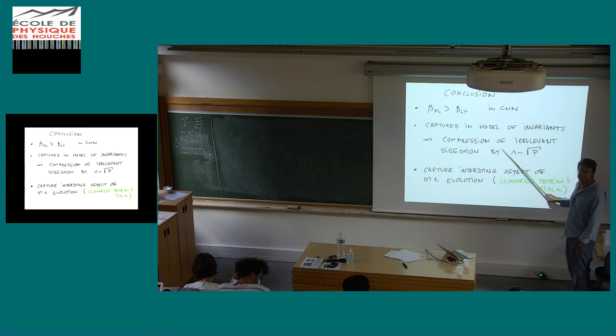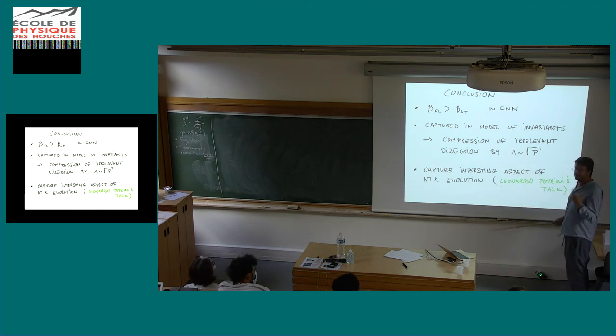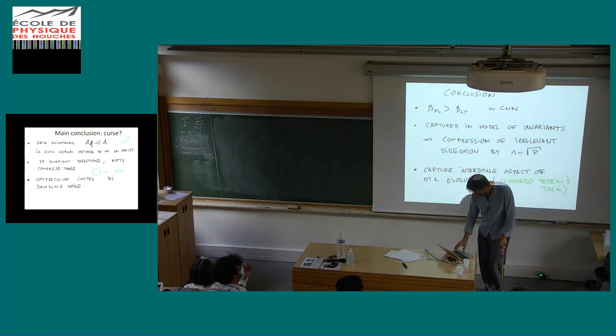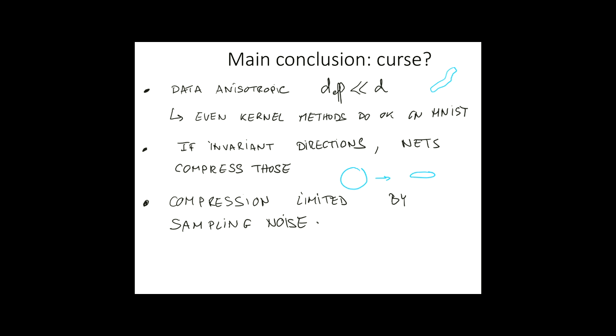An interesting result is that this compression is limited by sample noise. Something I didn't talk about, but Leo talked about, is that those models are also interesting because this compression has very marked features in the evolution of the neural tangent kernel in time. But I don't want to repeat what was said.